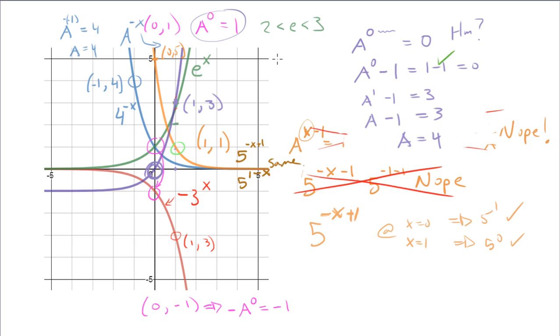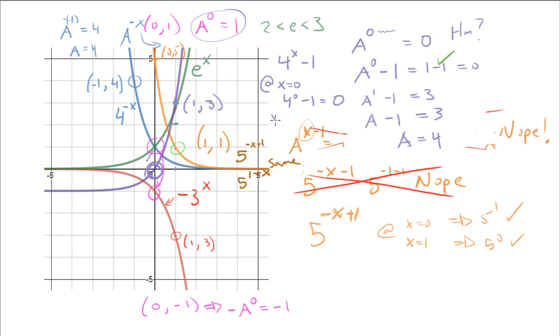Okay, so let's check this. We've got 4 to the x, then we subtract 1. At x equals 0, we get 4 to the 0 minus 1, which is 0. So that point checks out.